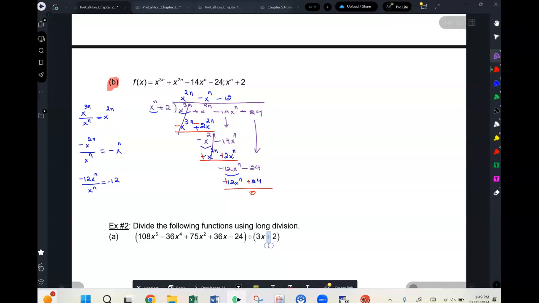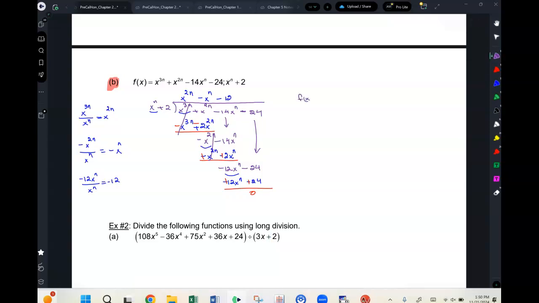Now, f of x is equal to x to the n plus 2 times x to the 2n minus x to the n minus 12. So, f of x is equal to x to the n plus 2. Now, look at this. This is in quadratic form, right?